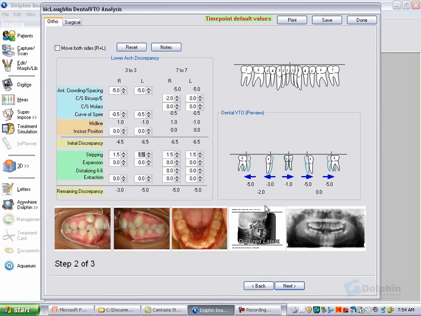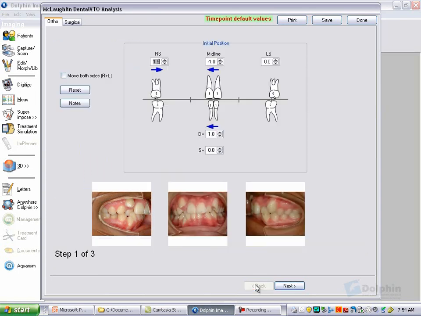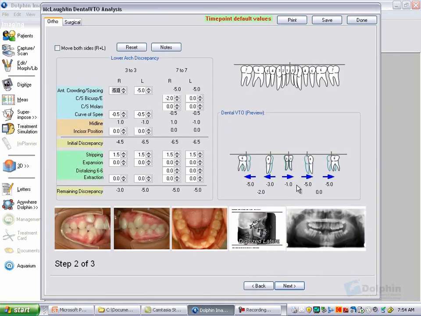And if you move over to this chart on the right-hand side, you can see that the right canine has been retracted 3 millimeters, as shown here, and the left canine is retracted 5 millimeters, as shown here. And this gets us moving into our tooth movements. The lower canine is the key as to where things are moving. We can look at the midline. We recall from chart 1 that the lower midline was 1 millimeter to the right, and the correction will be 1 millimeter to the left.